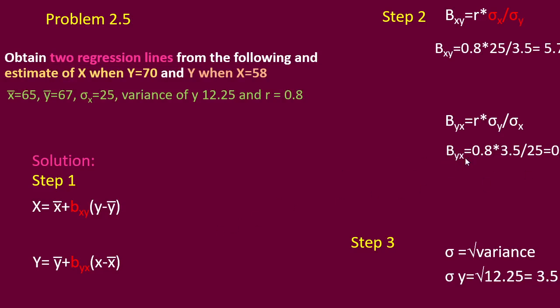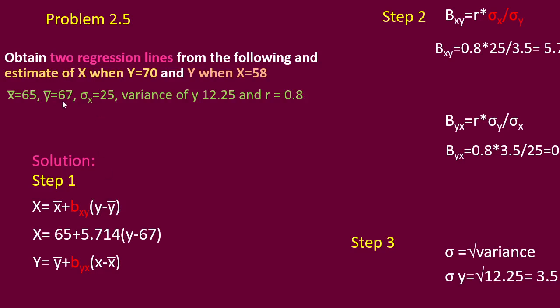Then apply these bxy and byx values to the main equation. Here x bar given in the problem is 65, bxy we have found as 5.714, into (y minus y bar). So y we will keep as it is, minus y bar.